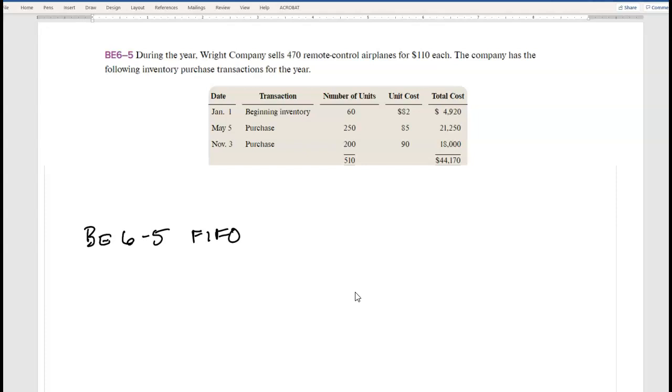So we're asked to calculate ending inventory and cost of goods sold. Now remember what I told you, you only have to calculate one of those. So let's calculate the easiest one. Let's calculate how many units they have left.